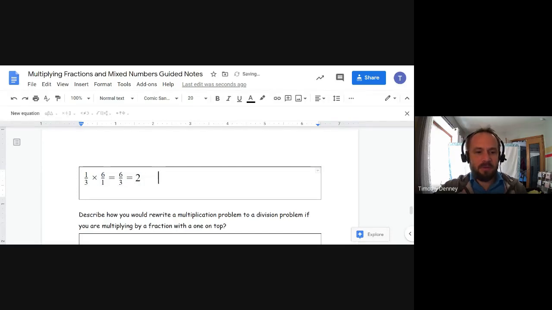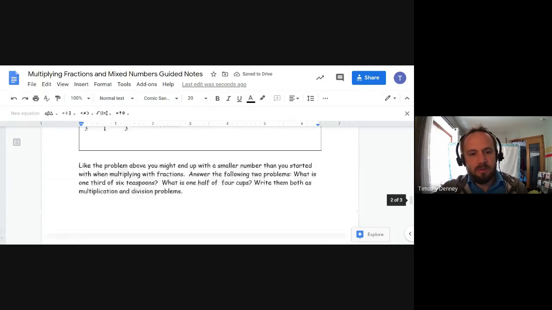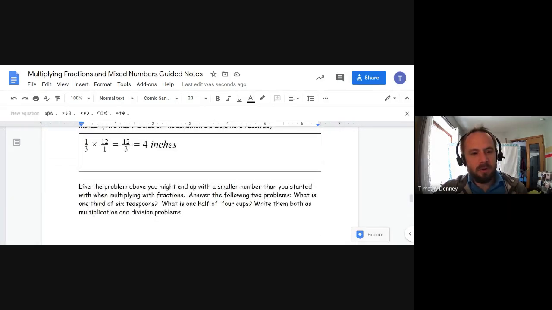So in other words, I could rewrite 1/3 times 6 as 6 divided by 3. Does that hold true for the one that we did up here? Well, 1/3 of 12, yeah, look, it's also the same thing as 12 divided by 3.